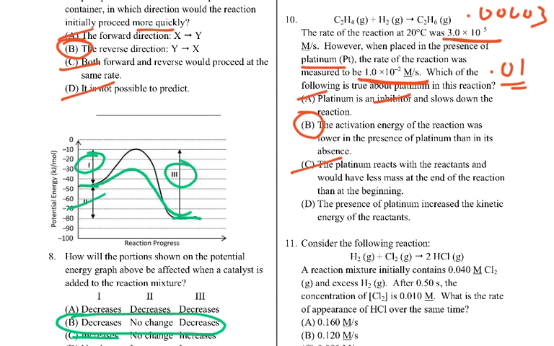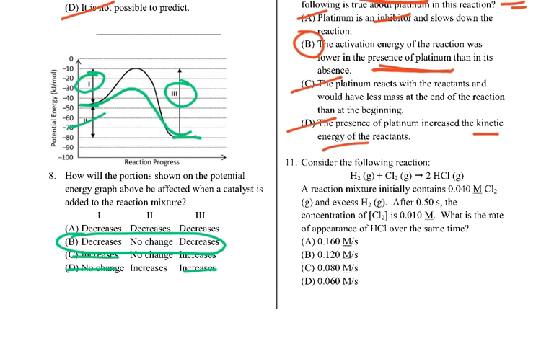No, if it's a catalyst, it is not going to change, and we can see it's not in the reaction, so a catalyst is not a reactant. And the presence of platinum increases the kinetic energy of the reactants. No, it doesn't speed them up at all. It just allows the particles that are there to get over the energy barrier because it lowers the energy barrier. So the answer is B.